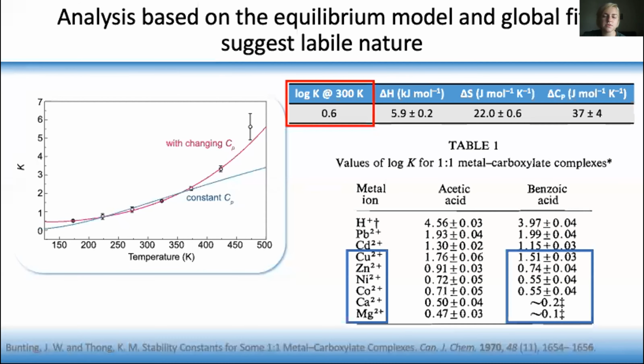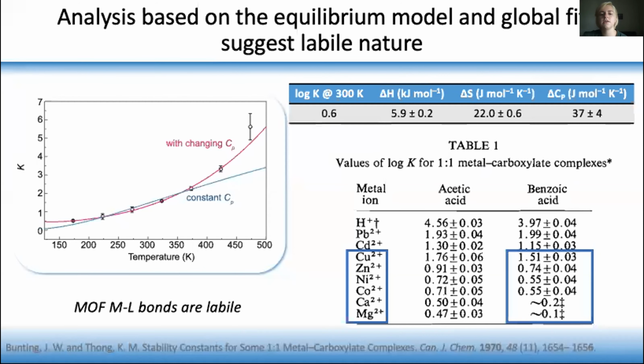Comparing results, which are highlighted with the red box, to known formation constants for metal carboxylate complexes, not frameworks, we get a log K value of 0.6, which falls within the range of available metal carboxylate stability constant values for common MOF metal ions, within the range of 0.1 to 1.5, which is highlighted with the blue box.